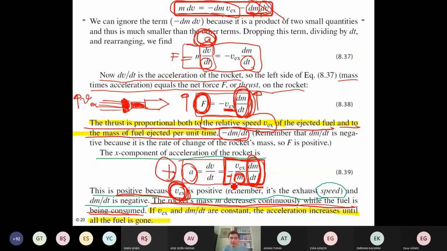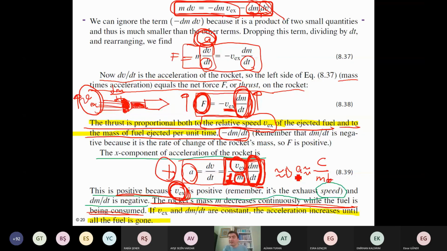Let me show you. Let's consider that this vx is constant. You have a rocket and it provides a constant vx, and this engine of the rocket also provides this constant dm over dt. So here I have two constants. Then I can write this expression like this: a is equal to a constant over the mass of the rocket. So what about mass? The mass of the rocket decreases with time, then a increases.